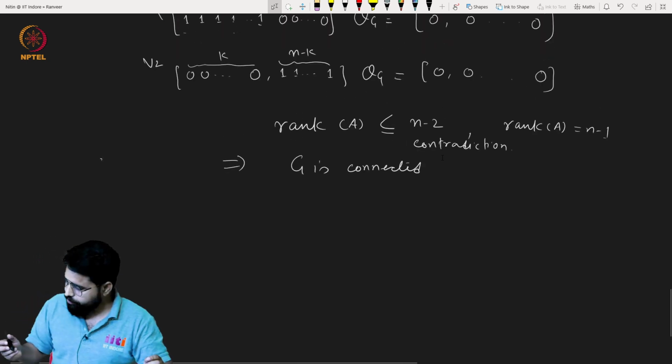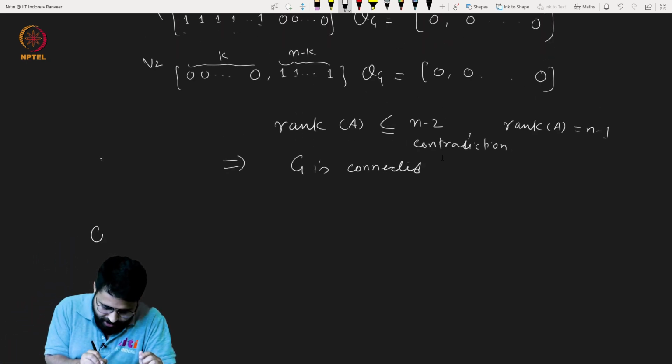Now the final theorem, or rather it is a corollary.